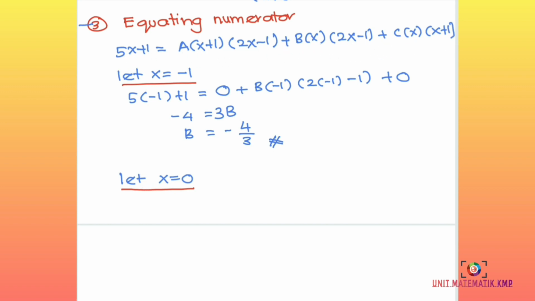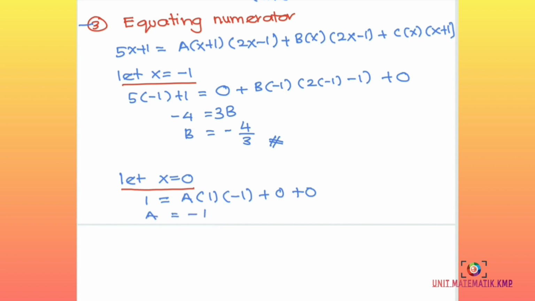When x is 0, the right hand side is 1 equal to a times 1 times negative 1, plus 0 plus 0, since b and c are 0. Then the value of a is negative 1.